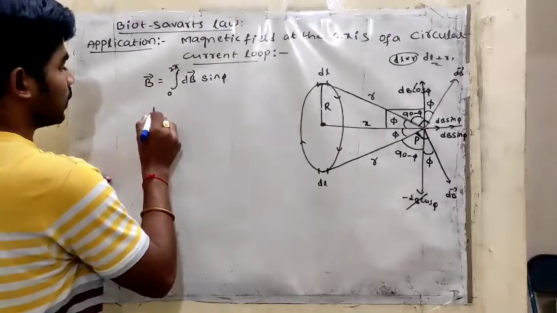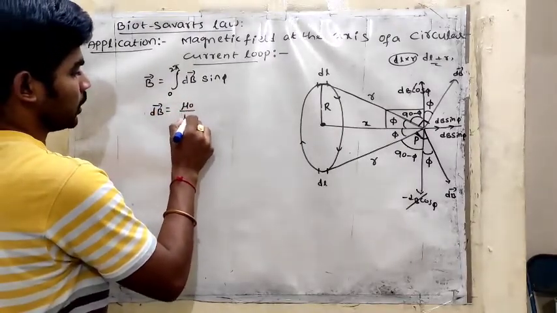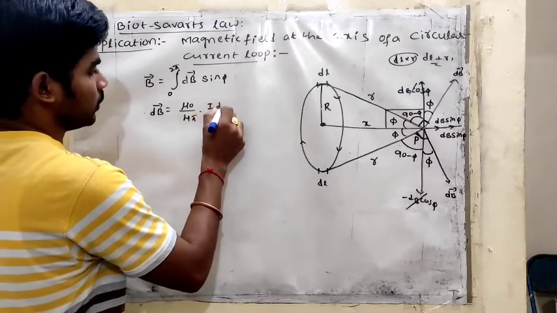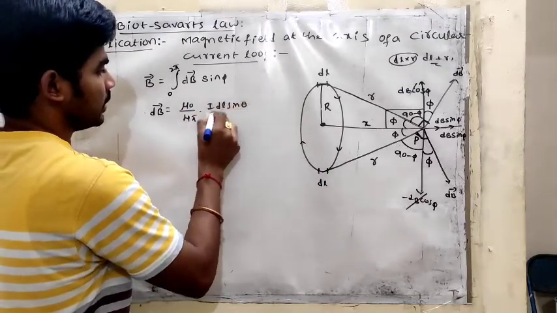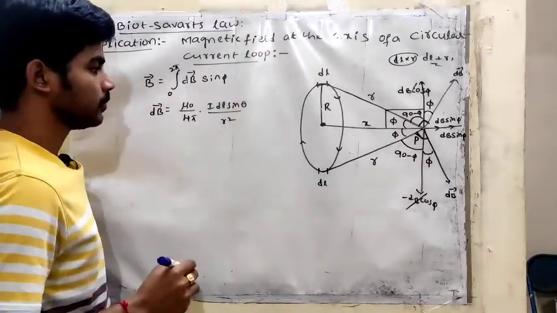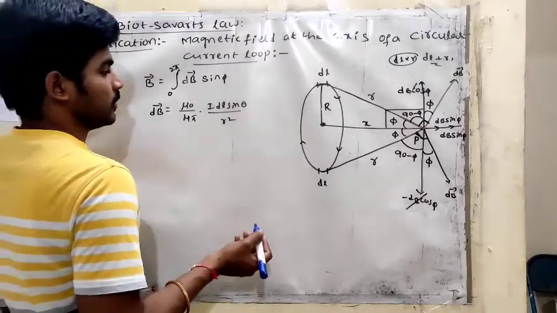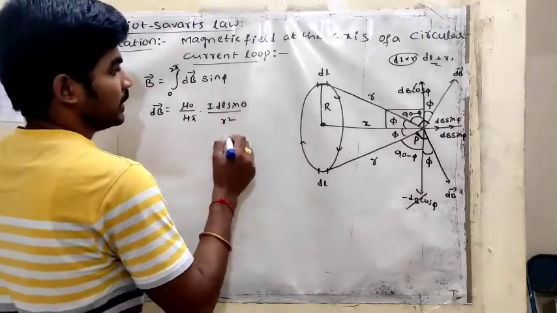According to the Biot-Savart law formula, dB bar is equal to mu naught by 4 pi into I dl sin theta by r square. Now how much is the theta value?